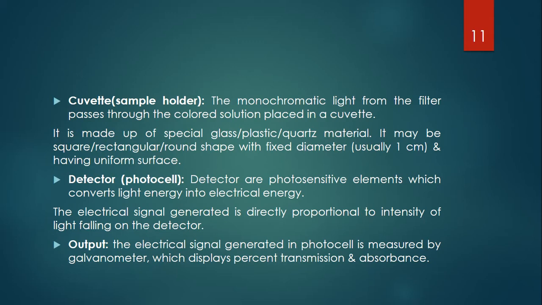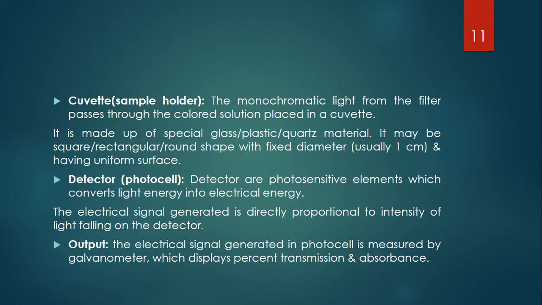Quartz material is needed when we are dealing with the wavelength ranging from 200 to 400 nanometers. So as it is the colorimeter, we can use glass or plastic material cuvettes. They may be square, rectangular or round in shape with a fixed diameter. Usually the path length is generally 1 centimeter and having uniform surface.